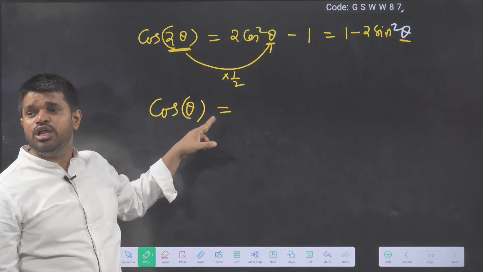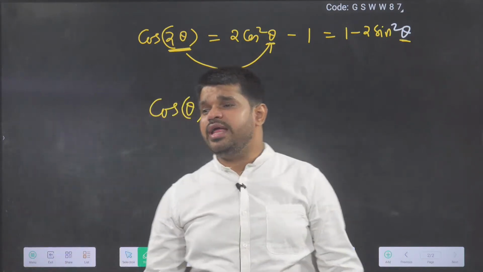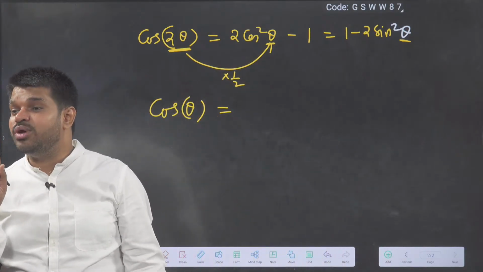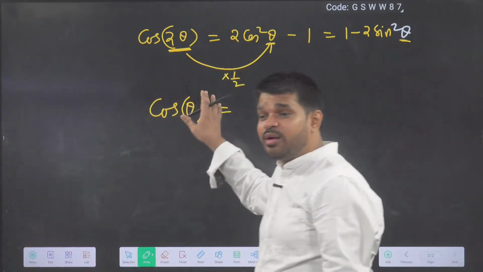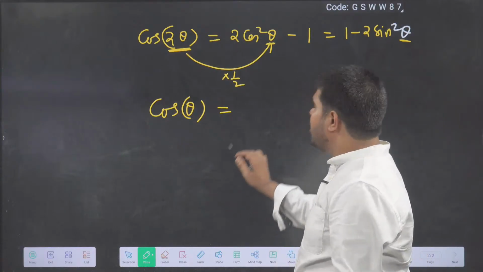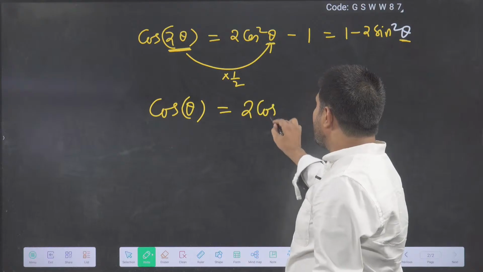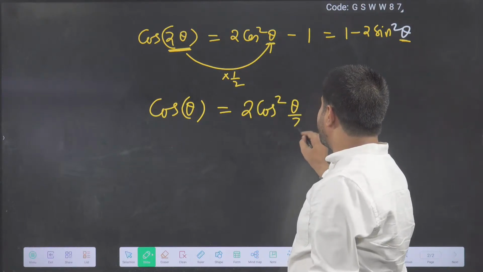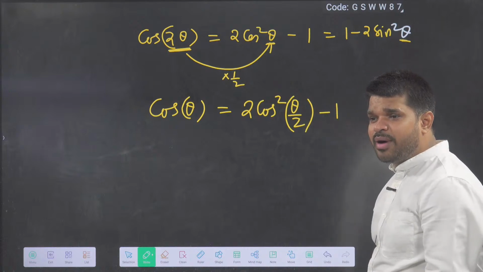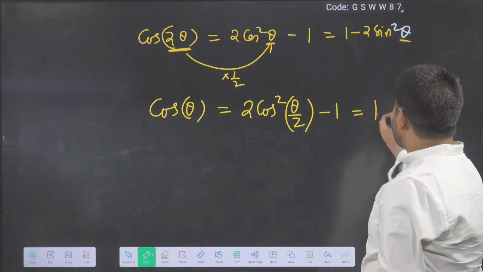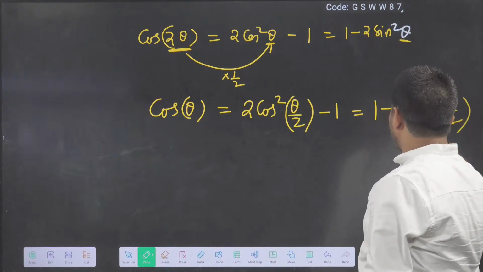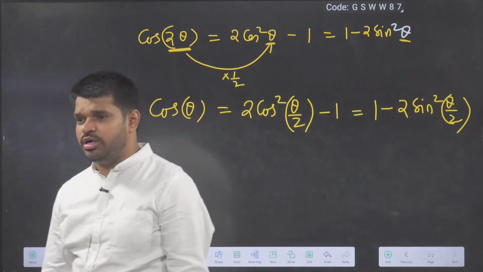If I take only cos theta, I get theta by 2. So the formula of cos theta is 2 cos square theta by 2 minus 1, or 1 minus 2 sine square theta by 2. I hope everyone understood it.